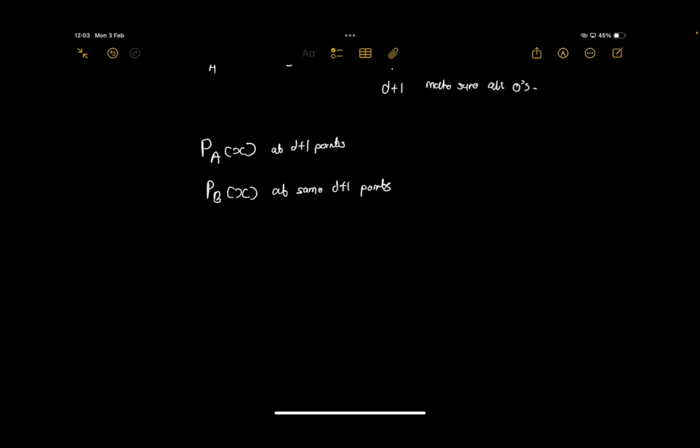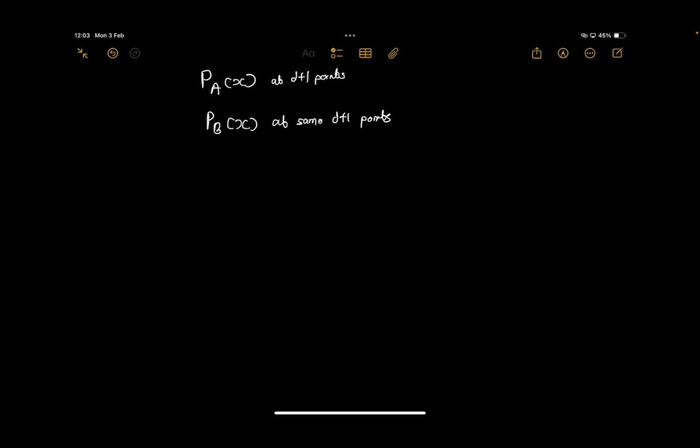Okay, so how do we test this out? What would be a nice example? You can take two polynomials that are the same.